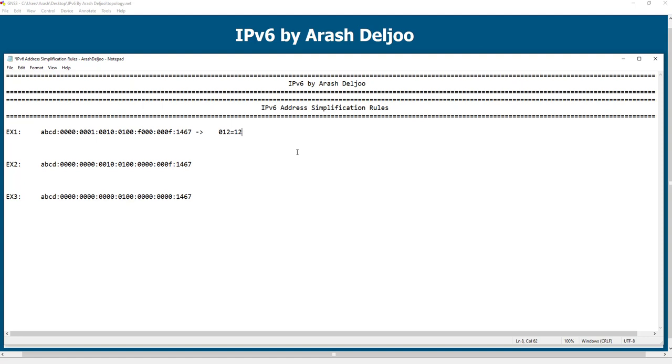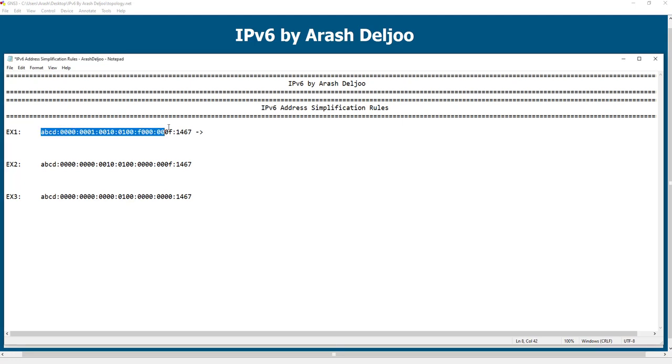The leading 0, the leftmost 0, can be omitted. You know this. But you can't omit the rightmost 0. For example, 120 isn't equal to 12. The same rule exists in simplifying the IPv6 address. Let's talk about this. Look here.